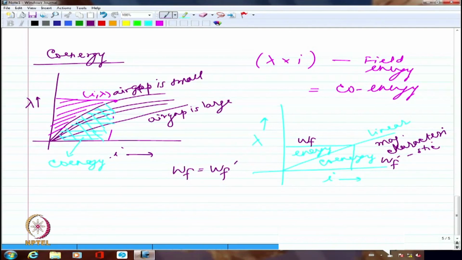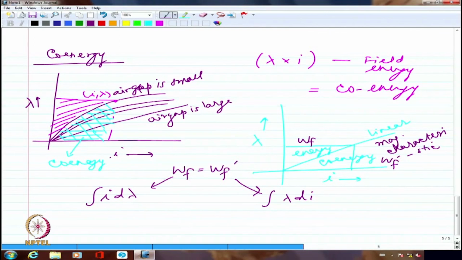So in the absence of any movement, Wf is integral I d lambda, and Wf dash will be integral lambda di. But we are not talking about any movement so far.